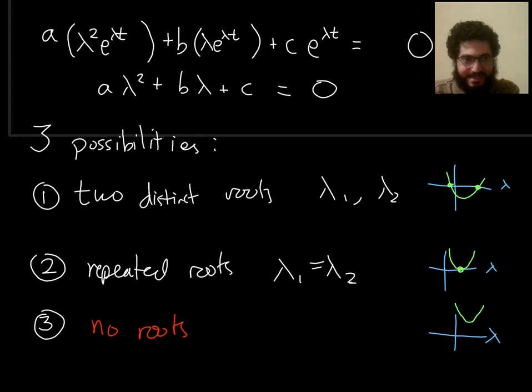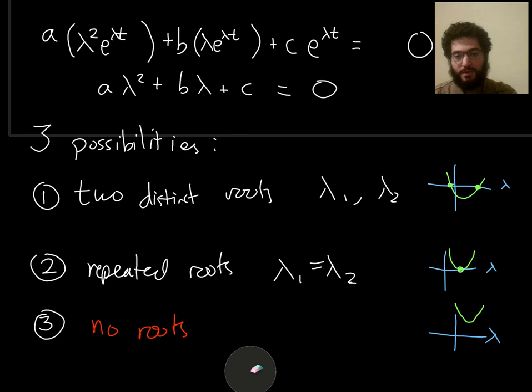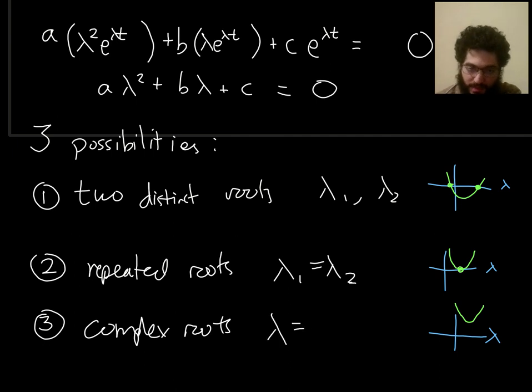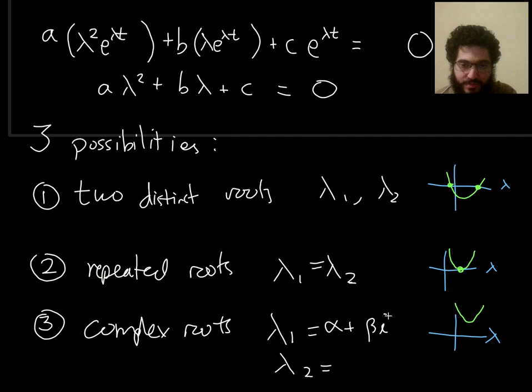However, instead of treating it that way, we will introduce complex numbers. So I'm going to call this case complex roots. And I'll say, in that case, we always get distinct roots that are complex conjugates: alpha plus beta i, where i is the imaginary unit, and alpha minus beta i, for some real alpha and beta.